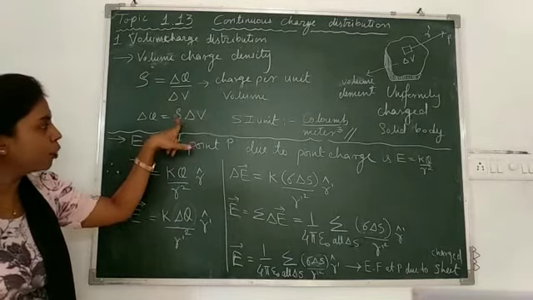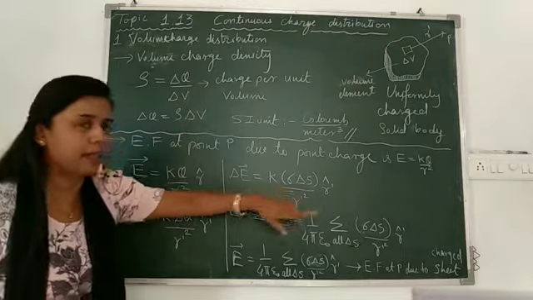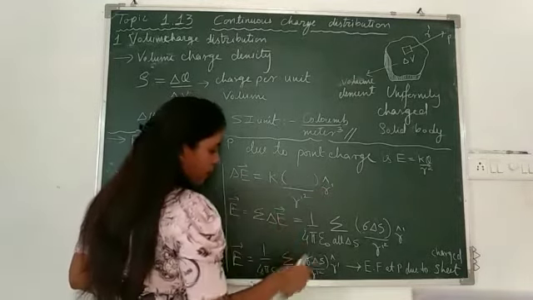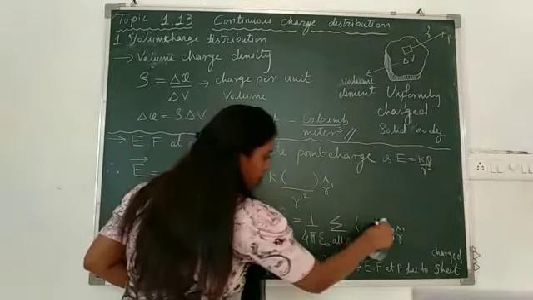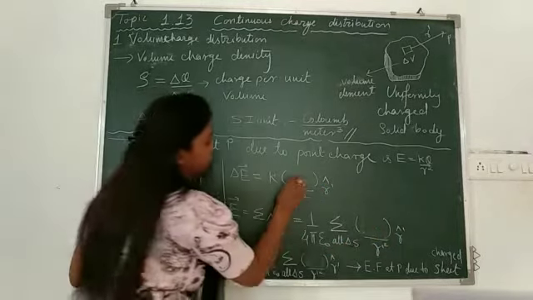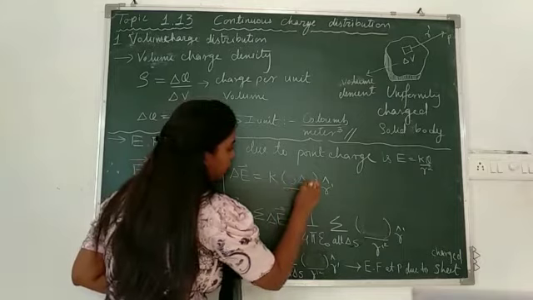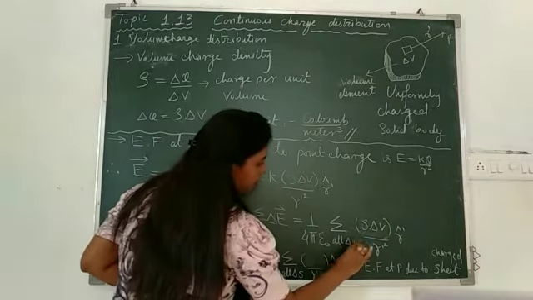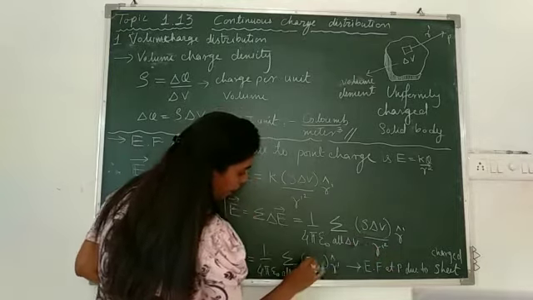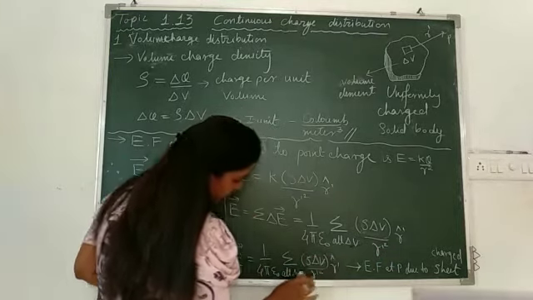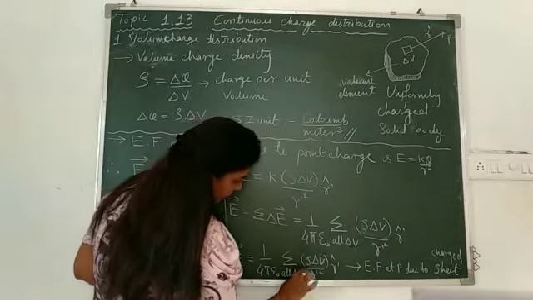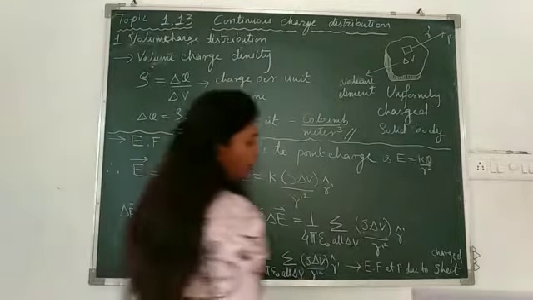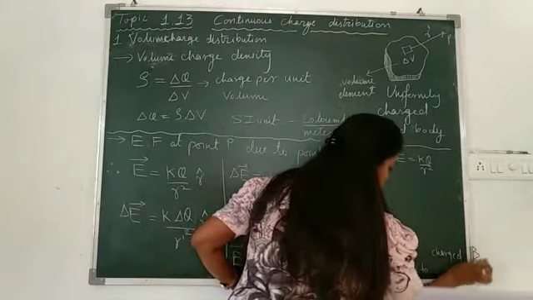So instead of sigma delta S, you will be substituting rho delta V. So everywhere here we will change it. So this will be the electric field at point P due to a charged solid body.